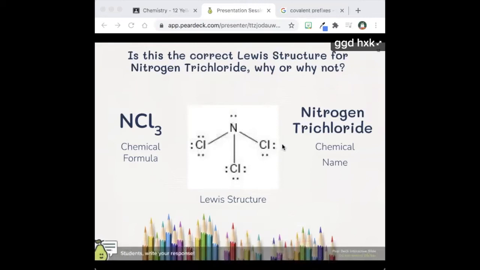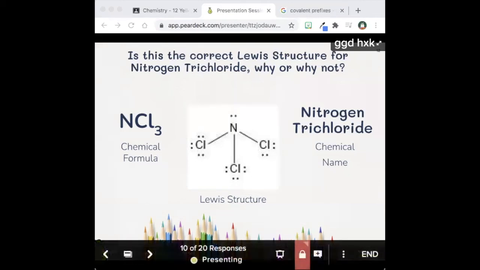And if you notice I was counting by 2s, that's going to make life so much easier when working with covalent Lewis structures. And you'll notice that we are missing 2 electrons. So this is not the correct Lewis structure because it does not have enough electrons. Can anybody tell us where those last 2 electrons will go to fix this compound?